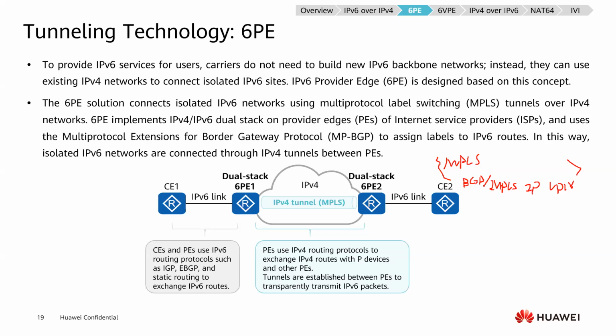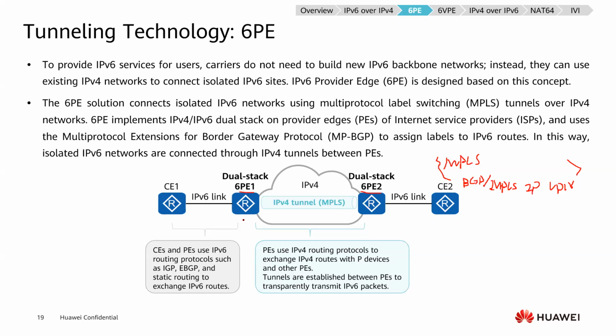Okay, and what is 6PE? For 6PE, you just establish the IPv4 MPLS tunnel between the PEs, and for these two PEs, they need to be configured as dual stack. That means they support not only IPv4 but also IPv6. And this special PE, we call it the 6PE.